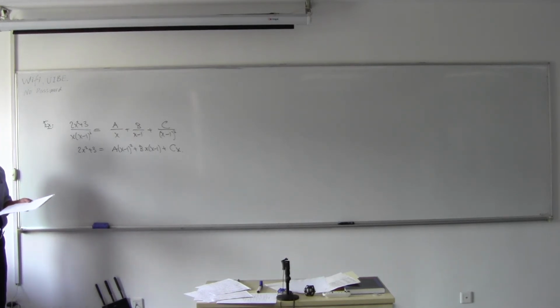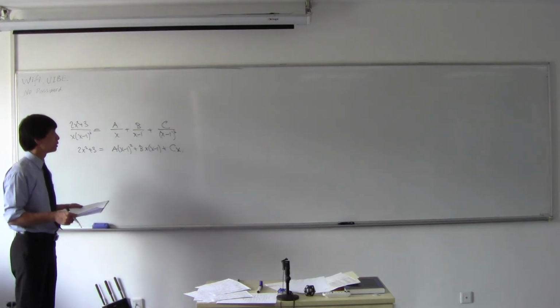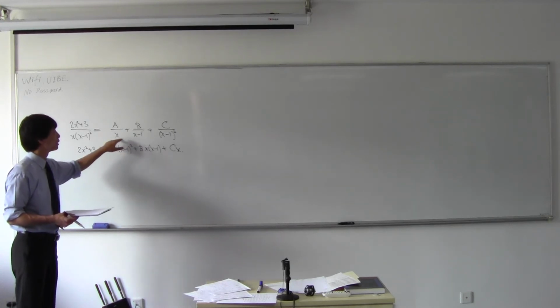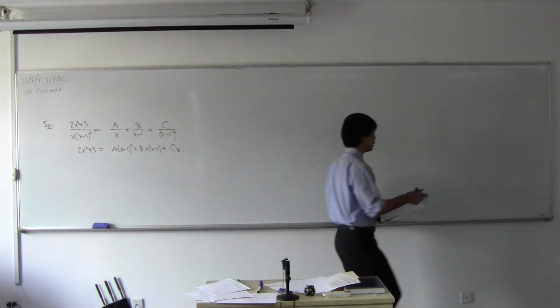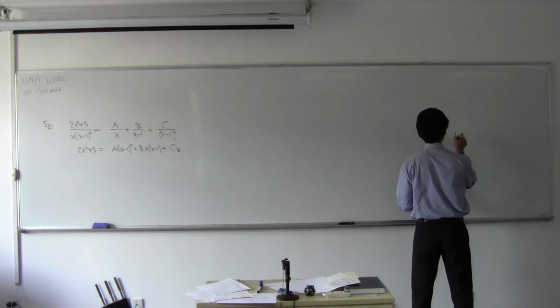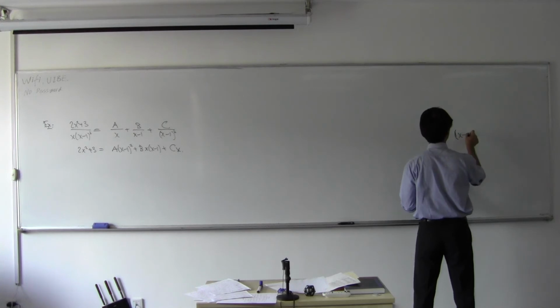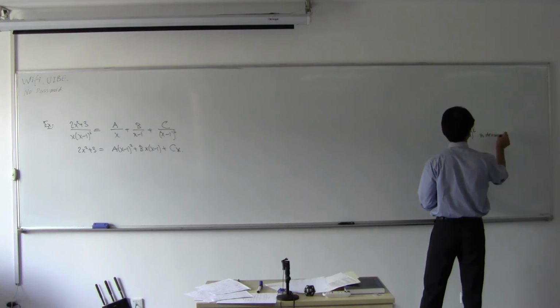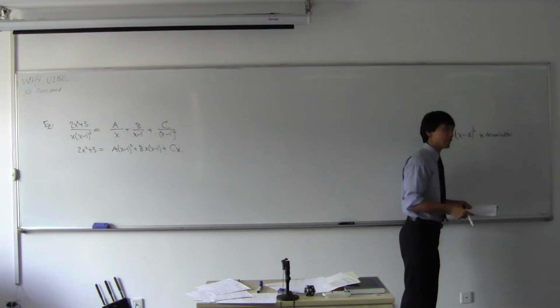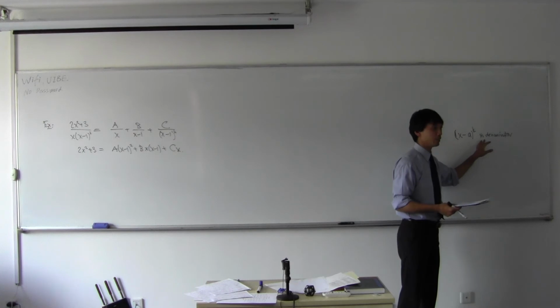I get lost when you write down the B divided by x minus 1. Why don't you just have A over x plus A over x minus 1? I have to say that that's just the rule. So over here we have this rule that if you have any term like x minus a to the k in the denominator, and we didn't really give an explanation of this, so you're right to say that you don't know why this happens.